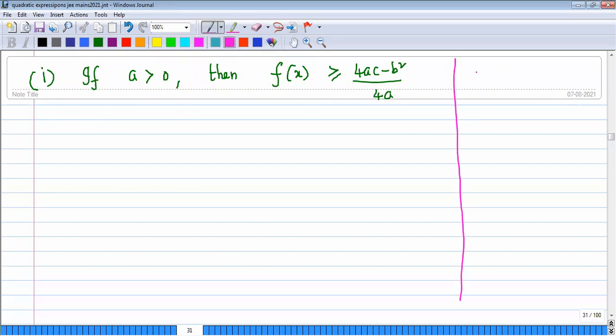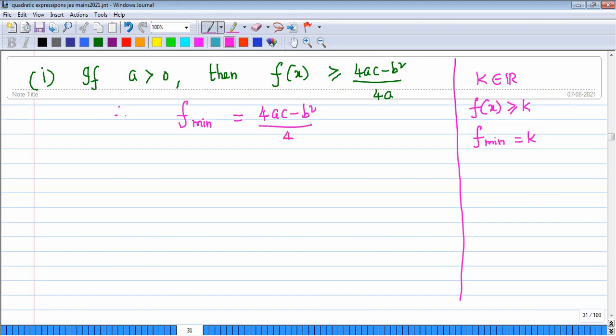Suppose k belongs to the real numbers such that f of x is greater than or equal to k, then f minimum is said to be k. Suppose f of x is greater than or equal to 2, the values will be 2, 3, 4, 5, something more than 2. Of all the values, which is the least value? The minimum value is k. So therefore we can conclude f minimum is equal to 4ac minus b square by 4a.